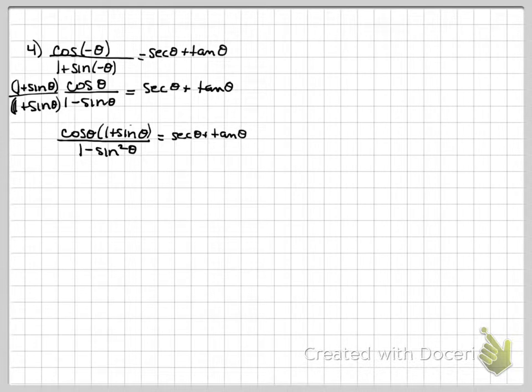Now I can substitute cosine squared theta for my denominator. And now I have that cosine in my denominator that I want. And all I have to do is simplify.